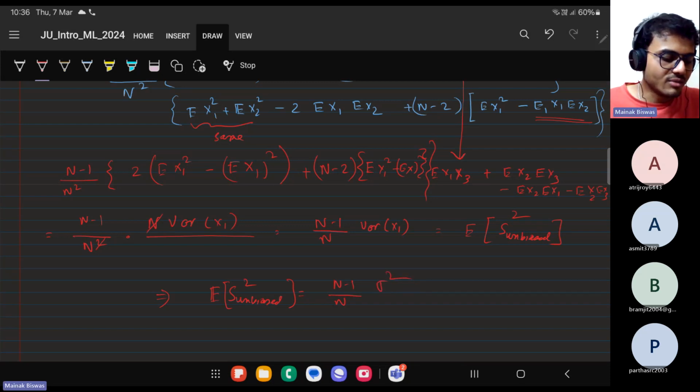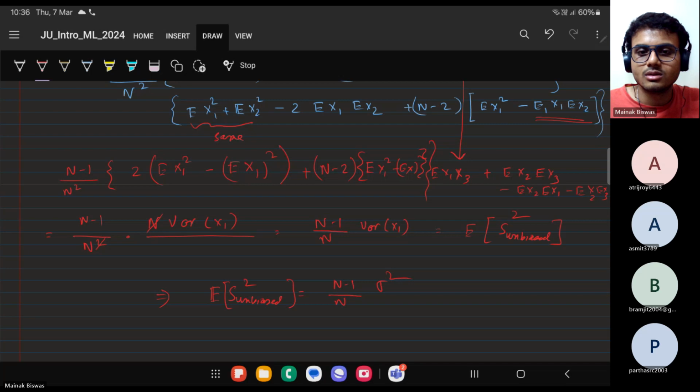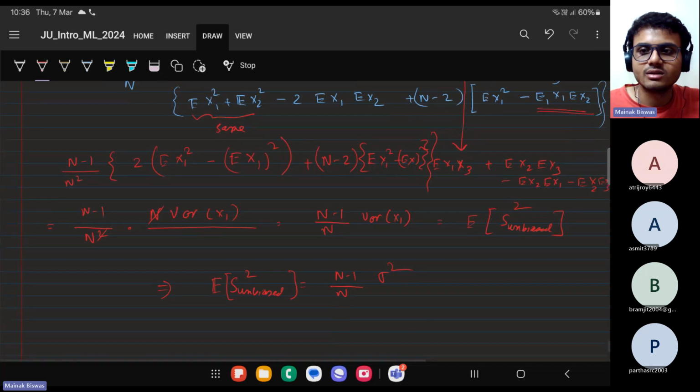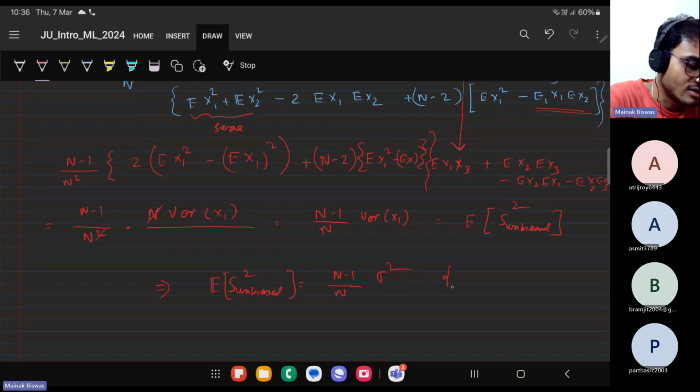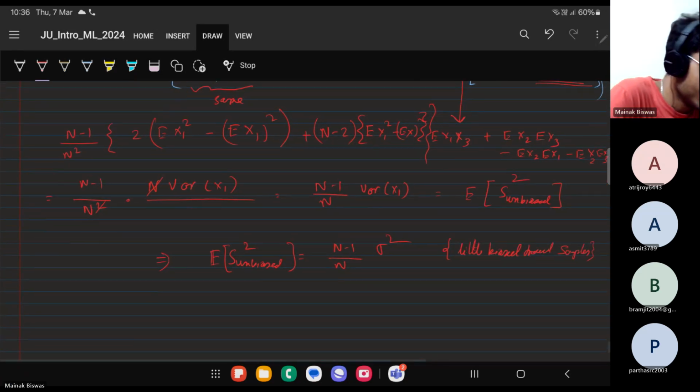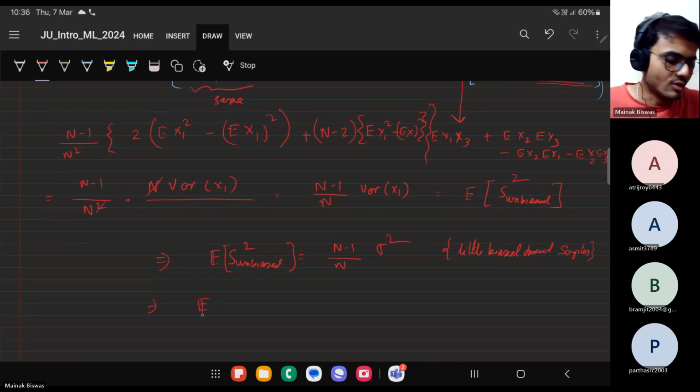Now you tell me, is it giving me a biased estimator or unbiased estimator? Is it giving me sigma squared? Only a little biased. Little biased towards samples. How can I correct it? Can you help me? How can I correct it?